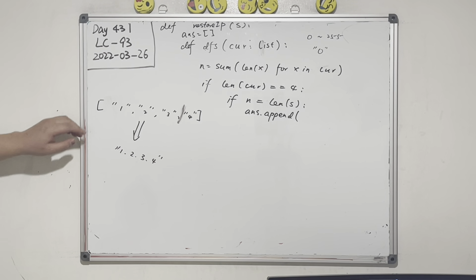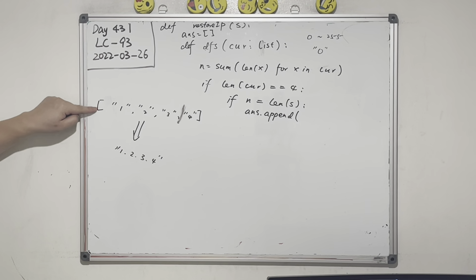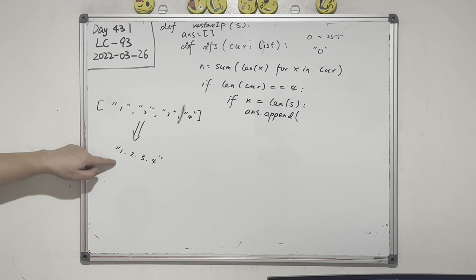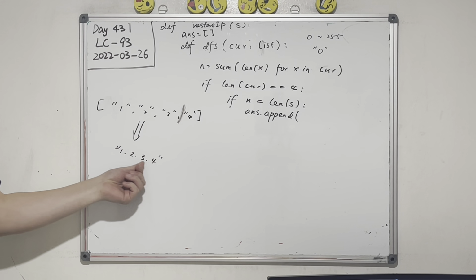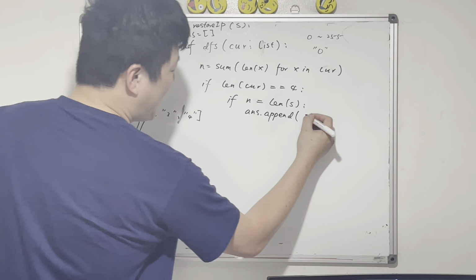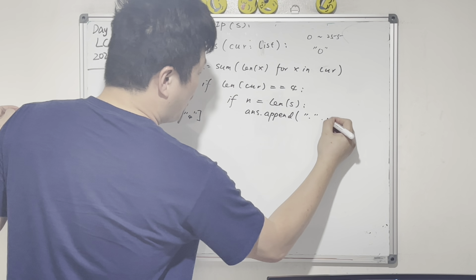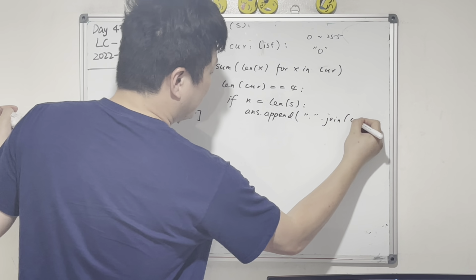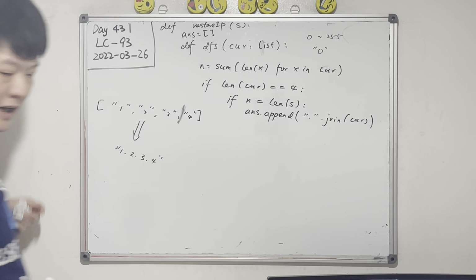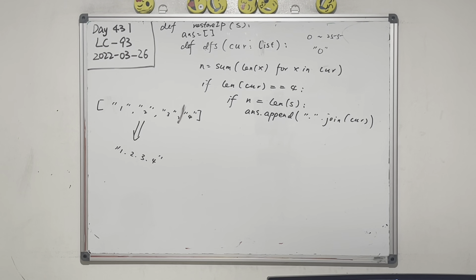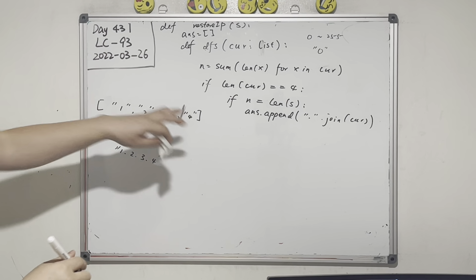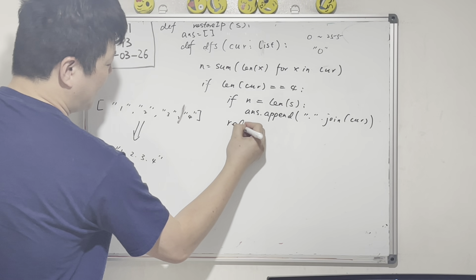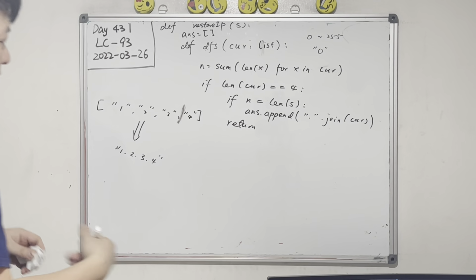Do you know how we can convert it from the list to here? Join by what? Dots. Okay, so we can append the dot join of current. Now if not, then we just return, because it's not satisfying the requirement.